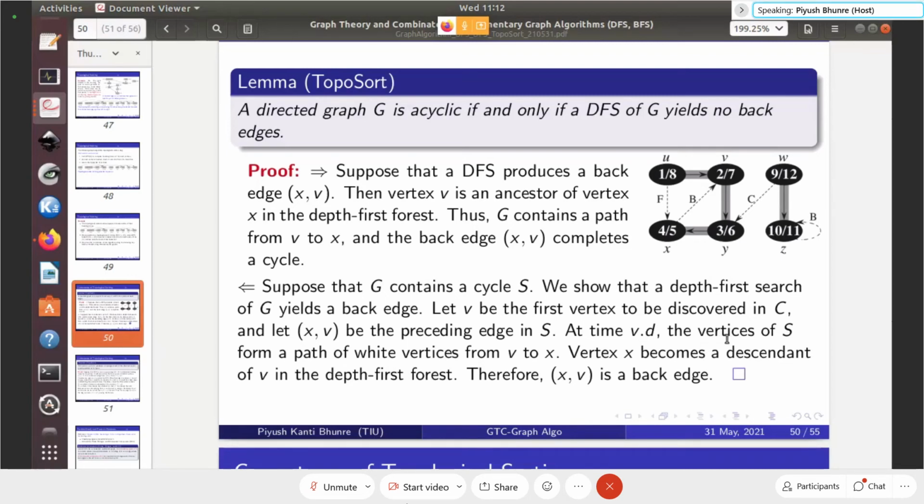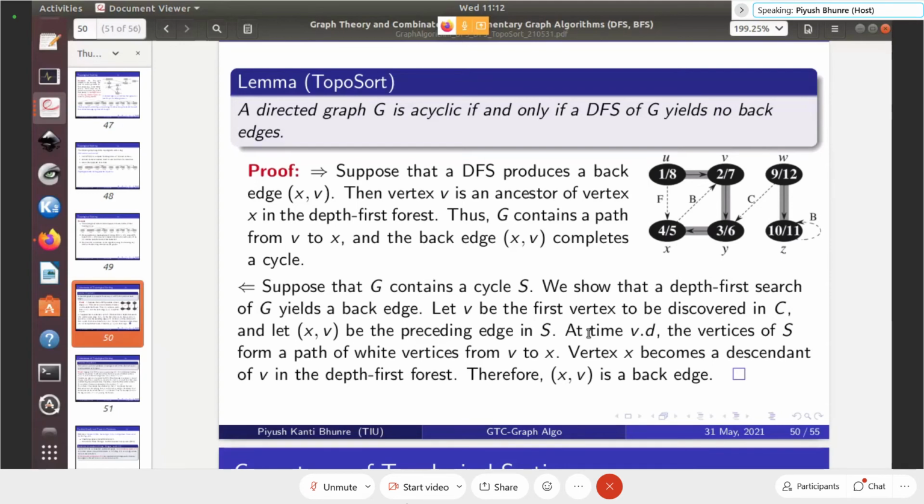the vertices of S form a path of white vertices from v to x. When v was discovered, its descendants were not discovered yet, so those are white vertices. That basically gives a path that consists of all white vertices.